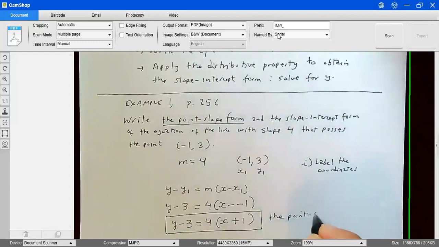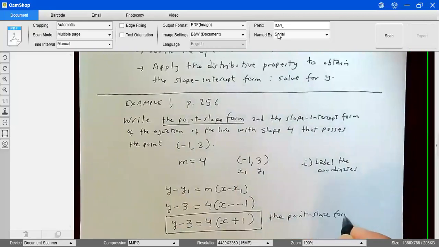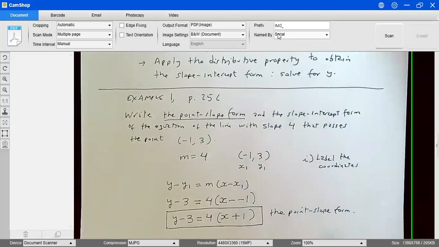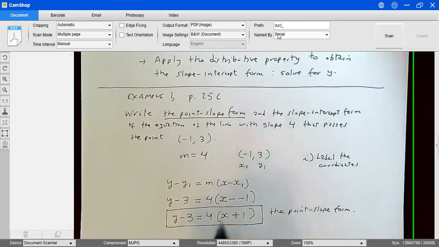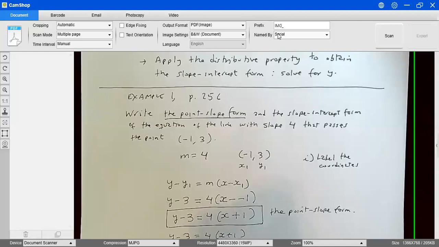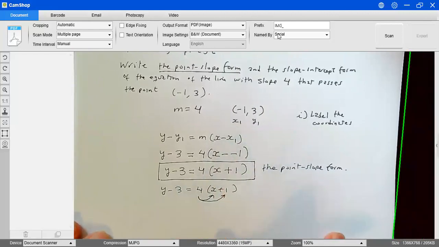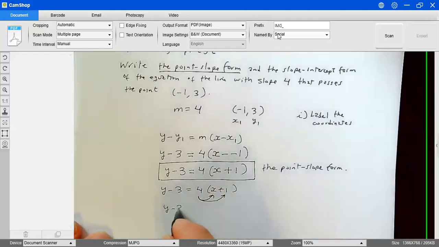Now to find the other one, we need to apply the distributive property. So we're gonna multiply the slope and the terms that are inside of the parentheses. So this is going to be y minus 3 equals 4 times x is 4x plus 4 times 1 is just 4.